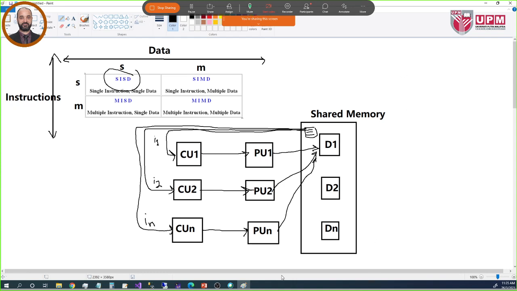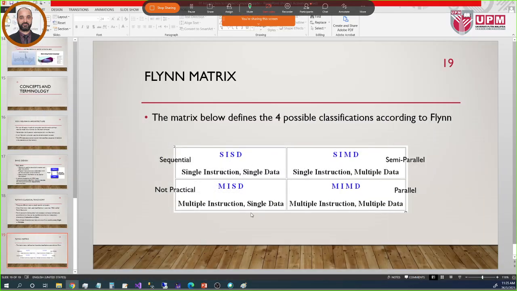So that's why this architecture is not practical. You will never find any computer using this MISD until now, to my knowledge. This architecture is a very stupid idea, because a multi-processing architecture is very expensive, so we cannot build it to manipulate a single data at a time.